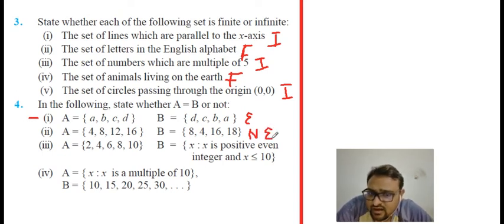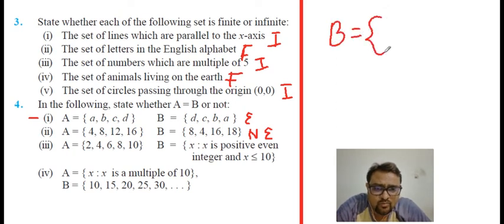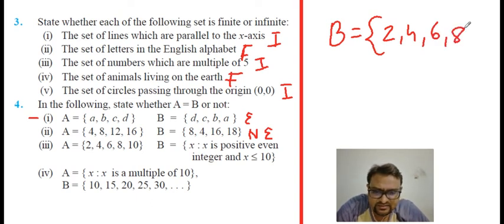The third one: A equals {2, 4, 6, 8, 10} and B equals {x : x is a positive integer and x is less than 10}. In that case, set B will be the positive even integers less than or equal to 10, so 2, 4, 6, 8.